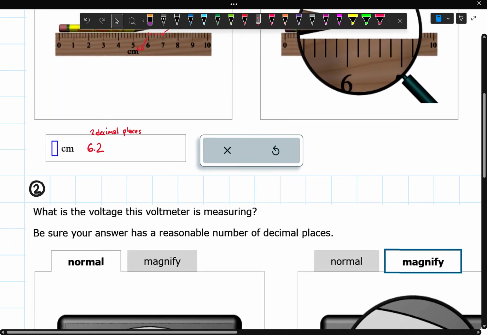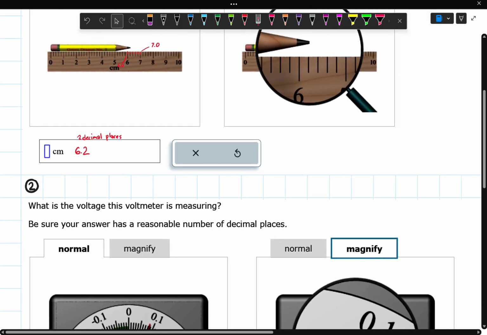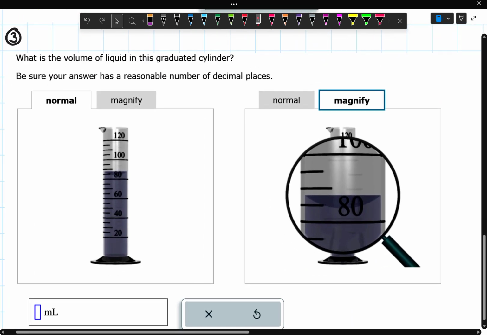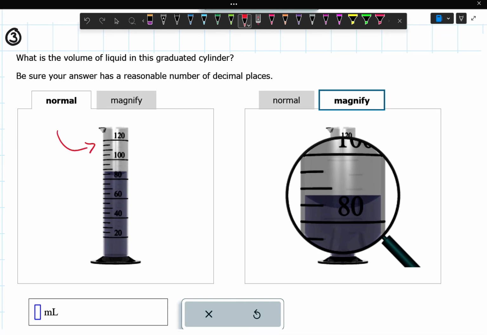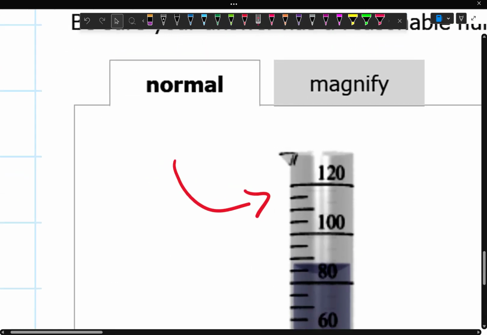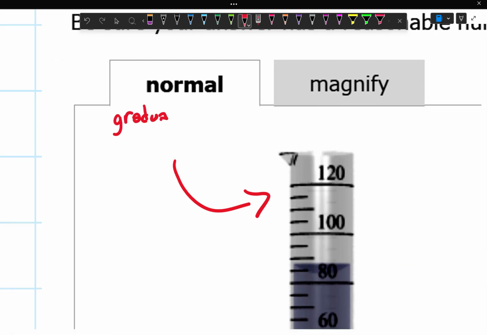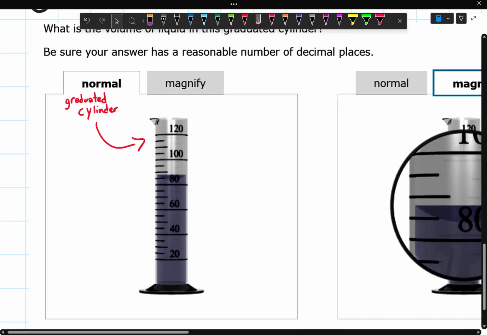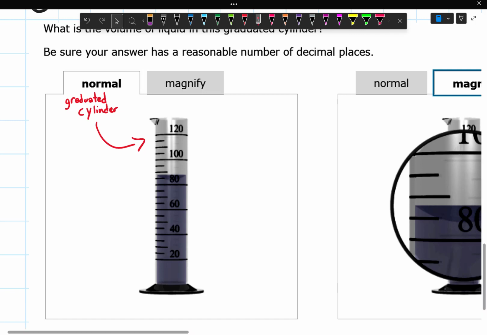Okay, so let's move on to the last example that you're going to see. That is this one here. So we're given a graduated cylinder. This whole thing, in case you don't know, it'll be important to know your lab instruments. This is a graduated cylinder. We want to measure what the volume of liquid is in this graduated cylinder.